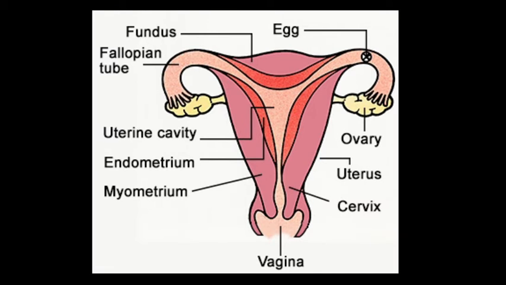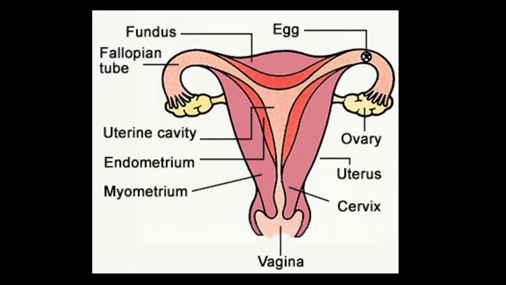Okay, and if you talk about the uterine wall, it has 3 layers: perimetrium, myometrium and endometrium. The perimetrium is a thin external membranous layer. The myometrium is a thick middle layer made up of smooth muscle, and it exhibits strong contraction during the delivery of the baby.